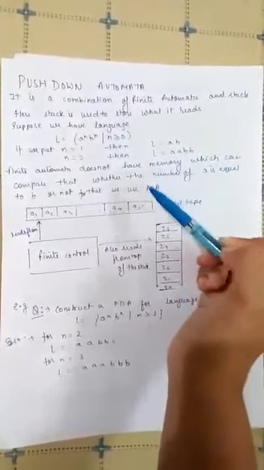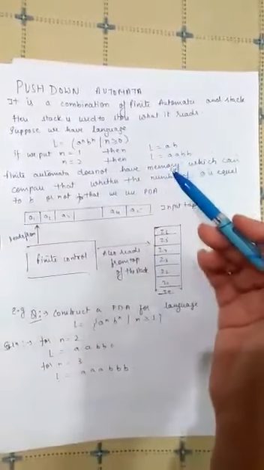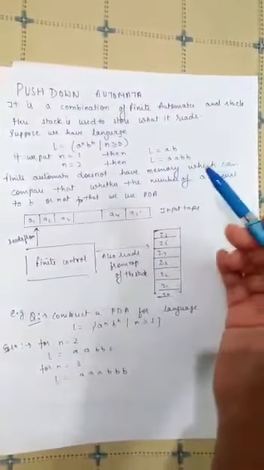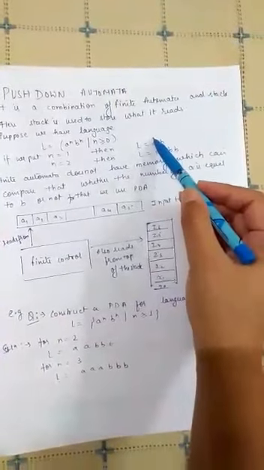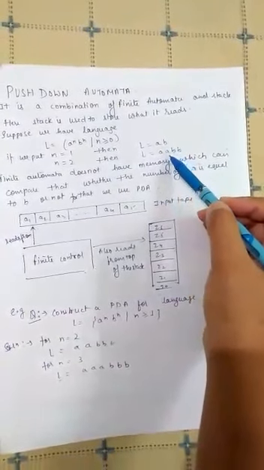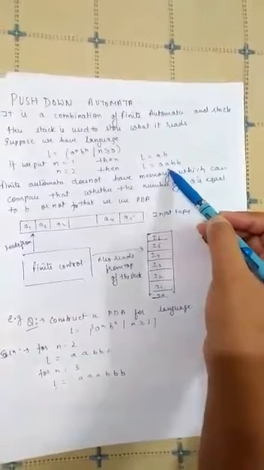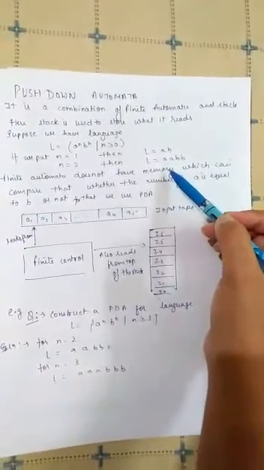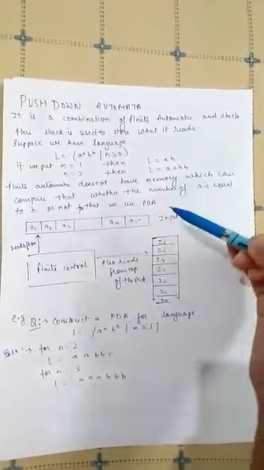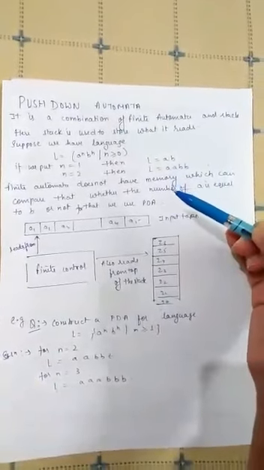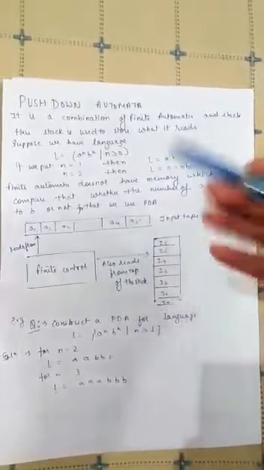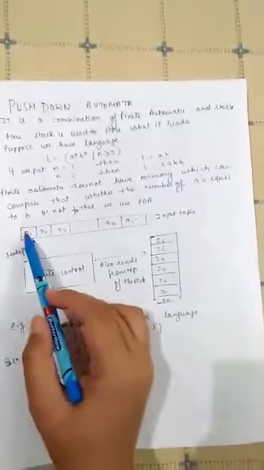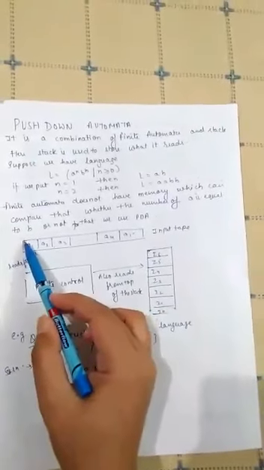As finite automata do not have memory, which can compare whether the number of a's is equal to the number of b's or not. In PDA, that is push-down automata, we have a stack for this facility of memory. In a PDA, we have an input tape.